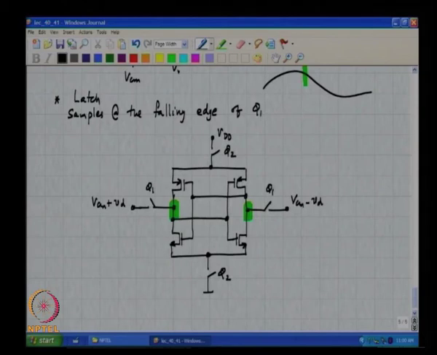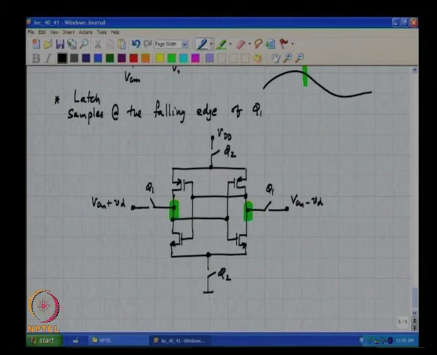When phi 1 goes low, I wait for a certain time and then get phi 2 to go high, and what happens then? At the falling edge of phi 1, the two parasitic capacitances have stored on them the two inputs on which I want to make a decision.